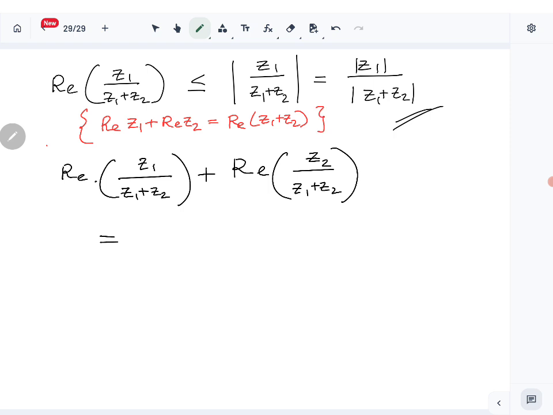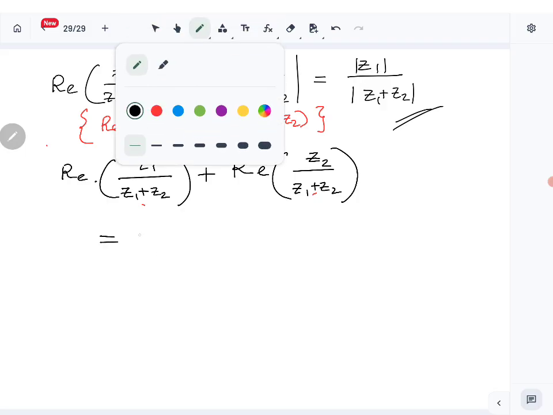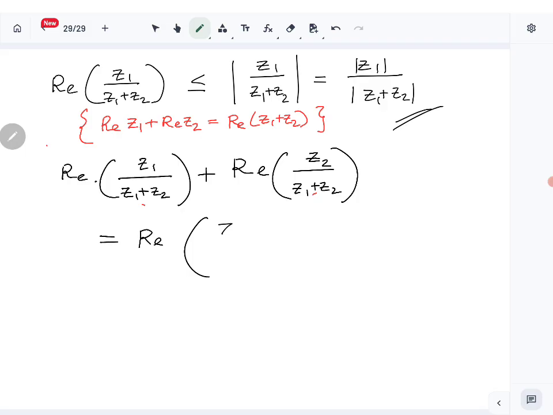So for a sum of complex numbers, the real part is the same as the real part of the first complex number plus the real part of the second complex number. So these are complex numbers. So this can be written as what? Real of Z1 over Z1 plus Z2 plus Z2 over Z1 plus Z2, adding them together.